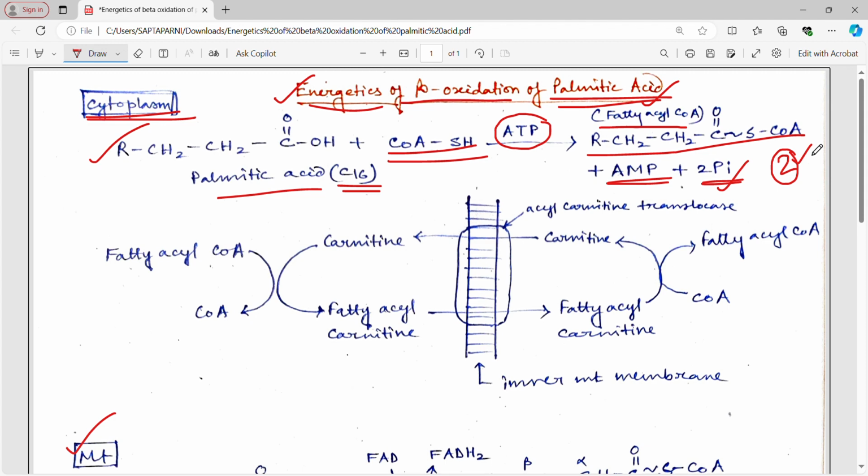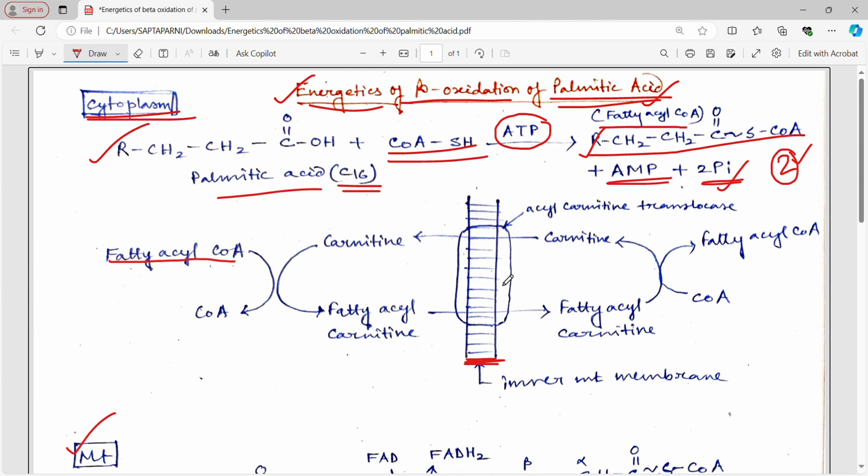Okay. Now, as this fatty acyl CoA of palmitic acid contains 16 carbon moieties, that means it is a long chain fatty acyl CoA, it cannot directly move through the inner mitochondrial membrane. This is the inner mitochondrial membrane, and the fatty acyl CoA cannot move directly through it.